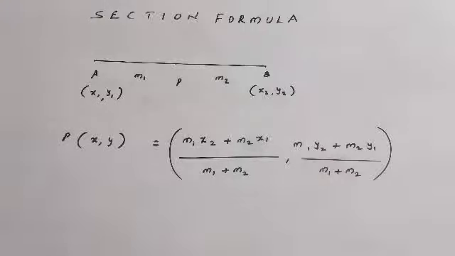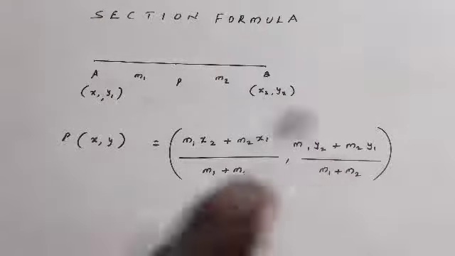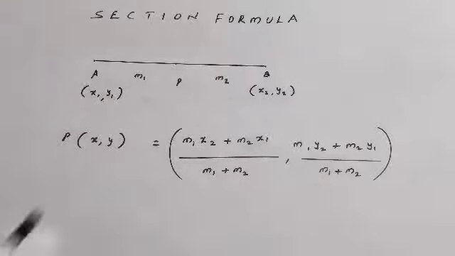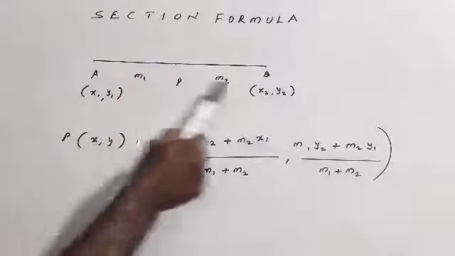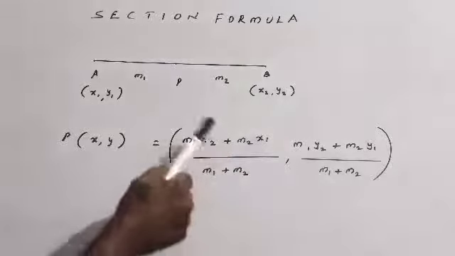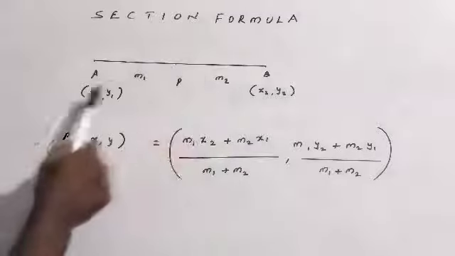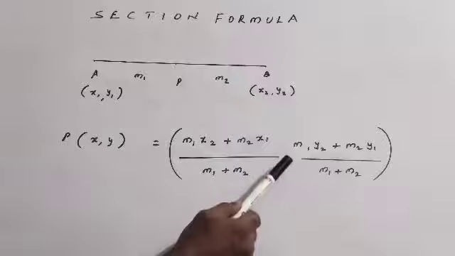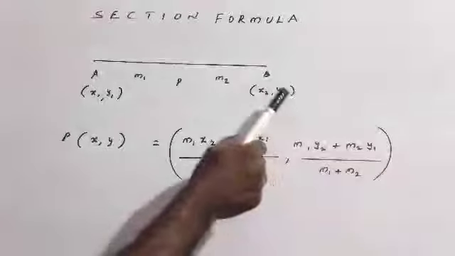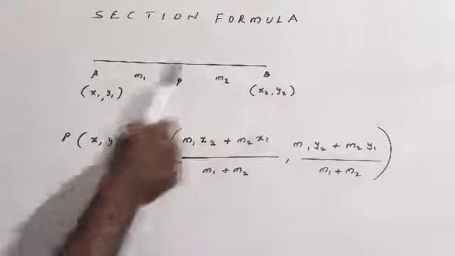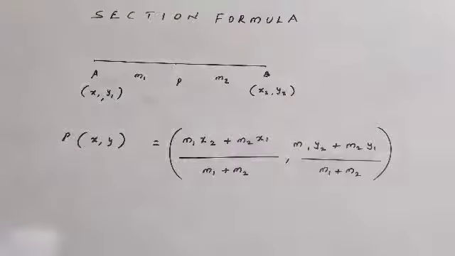Here the denominators are the same, M1 plus M2. In the numerator, first you take M1 into x2 plus M2 into x1, comma M1 into y2 plus M2 into y1. Using this formula we can solve the problems.